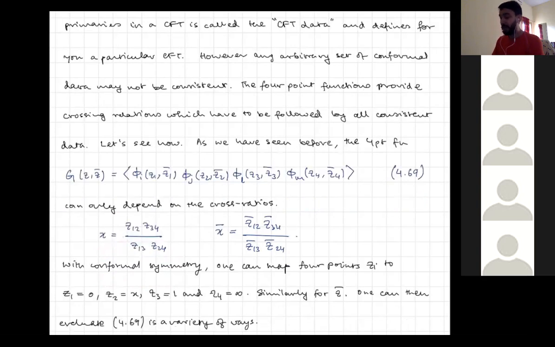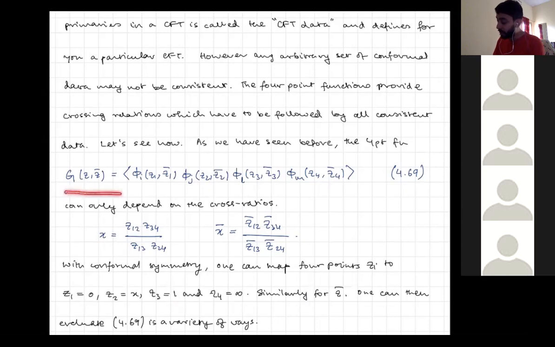So this has to be a function of only x. How can you see this? For example, if you have 4 points, by conformal transformations you can map these 4 points z_i to 0, x, 1, and infinity. Similarly for the z bars as well.